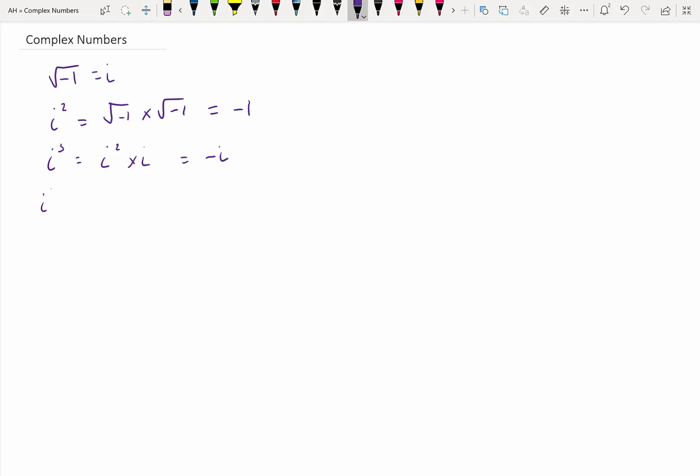And if I want to do i to the 4th power, that is the same as i squared times i squared, so I end up just getting 1. Okay, these are helpful little things just to keep you going when you're doing it. You'll be asked to do a whole load of things that involve i and multiples of i, and if you can tidy it up as you're working your way through it, it'll stop it getting too out of hand and too unmanageable.